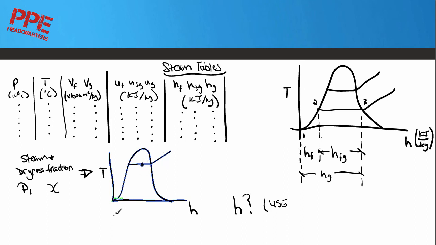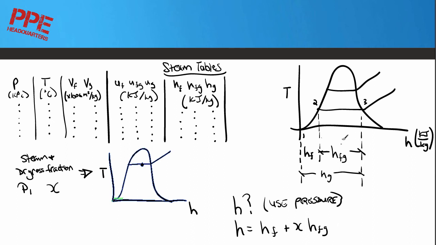So remember we had our HF plus our HFG. Well, we're going to use pressure. Now we need to use the equation. Our H will equal HF plus some percentage of HFG.